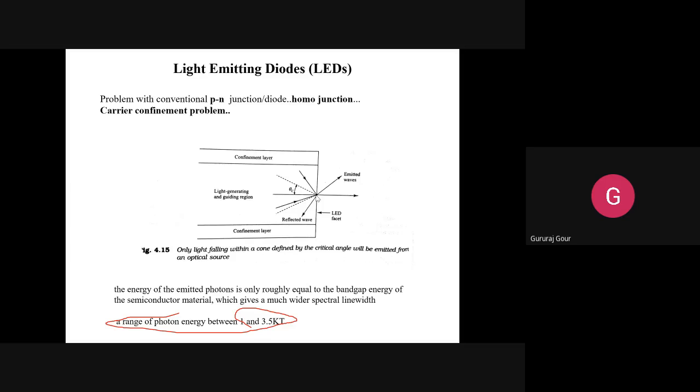I am talking about the energy of the photons which are emitted after falling in the cone governed by this critical angle. That is roughly equal to the band gap energy of the semiconductor material, whatever the material you are using, germanium or silicon, which gives a much wider spectral line width.